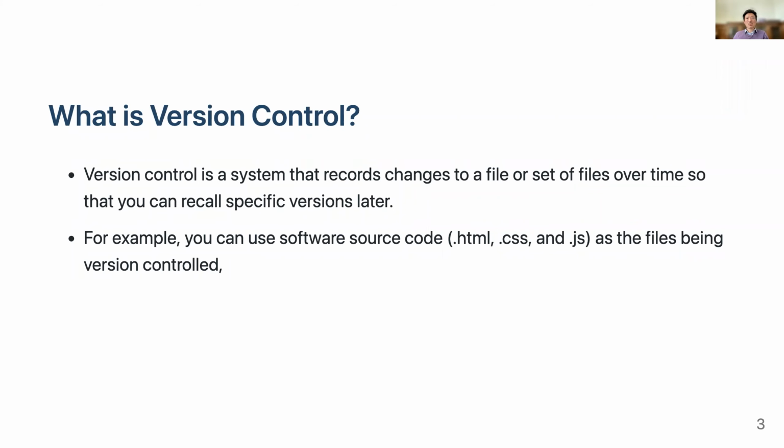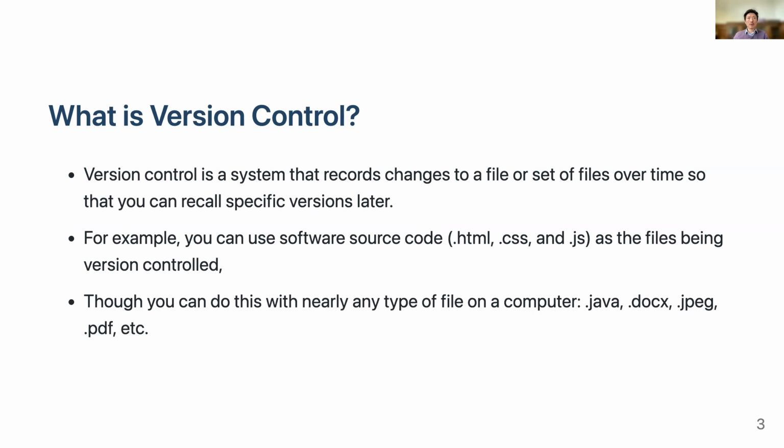Okay, and this is actually mostly used for software code files, HTML, CSS, JavaScript, but it can also be, say, Python or C or just Java. And usually it works best with the files, which is essentially text-based.